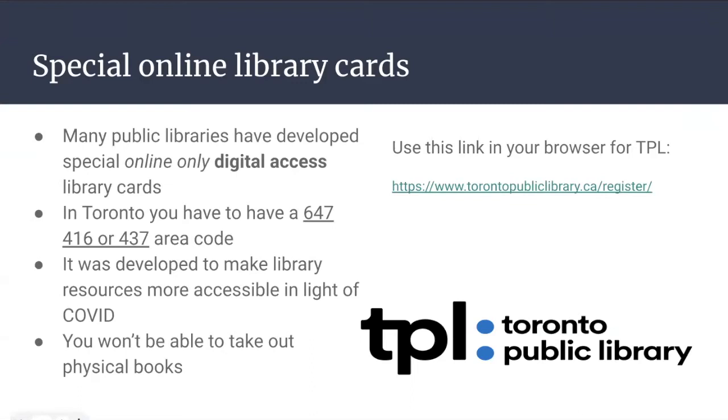And this particular service or particular library card was developed to make library resources more accessible in the light of COVID-19, where many people were staying at home in order to stay safe. So you won't actually be able to take out physical books, but you'll be able to use the site to gain access to the content. And this is a link on the slide if you're living in Toronto and you're interested in this service.